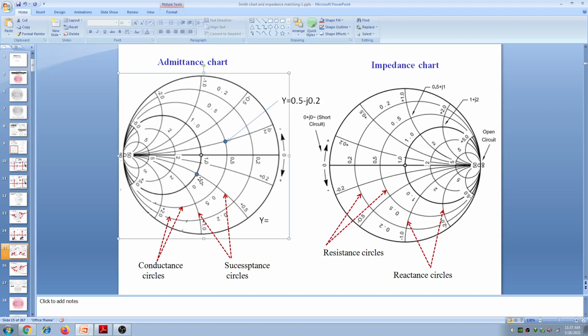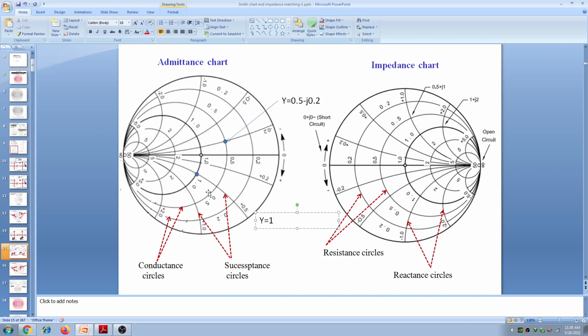How do you find the admittance value at this position? What we have to do is see which conductance circle is passing through this point. This is a conductance circle passing through this point. What is the value of that conductance circle? It is 1 here. What is the conductance value of that circle? It is 1.